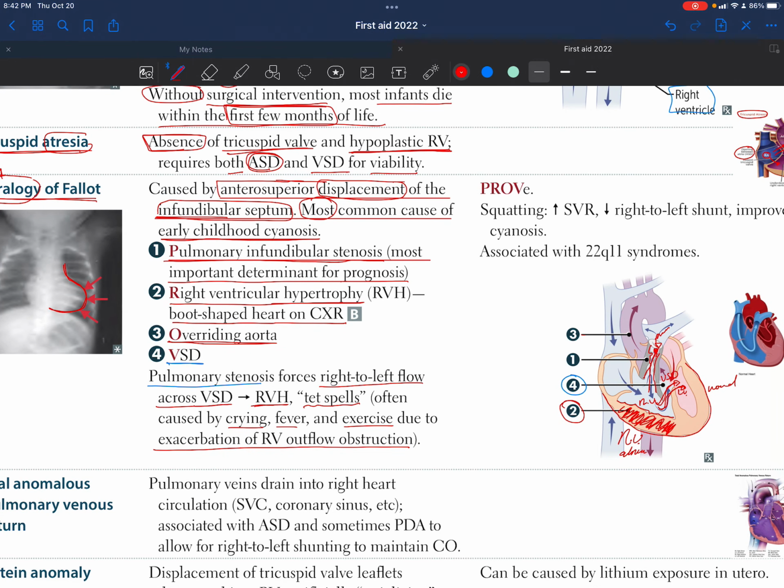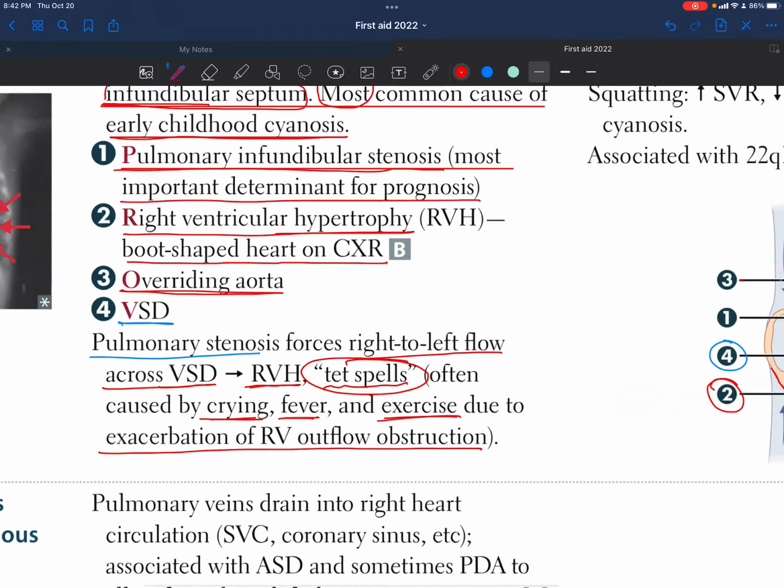So what are TET spells? Sometimes a baby with tetralogy of Fallot would be crying or has a fever, or if they exercise, that would cause them to have TET spells, and that means they suddenly develop deep blue skin, nails and lips. And that's basically after crying or feeding or when agitated.